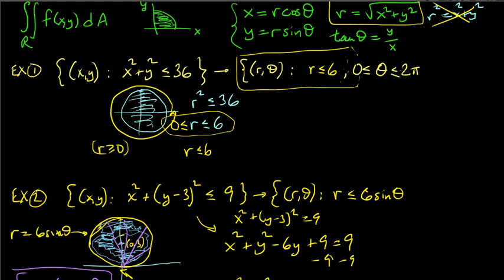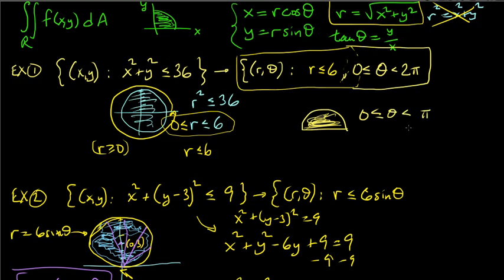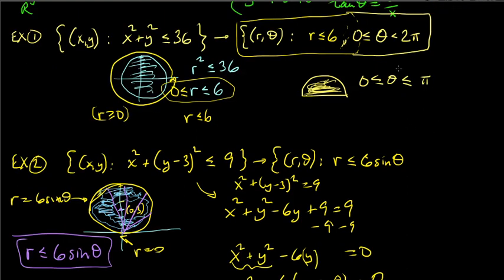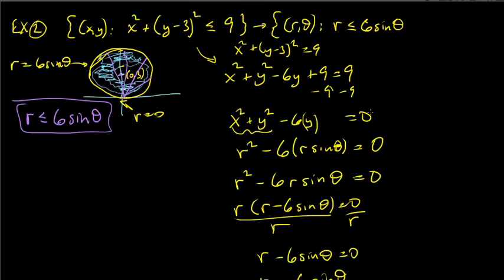If you include 2 pi, then you're including one point more than once. After all, if you only want the top half of the disk, then theta would go from 0 to pi. And maybe we should include pi here. So yeah, we should specify theta as well.